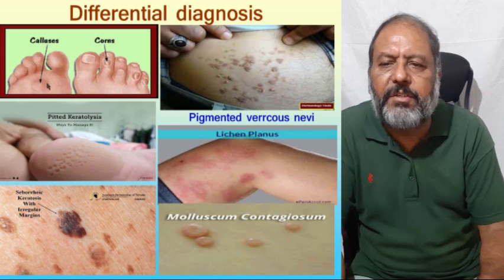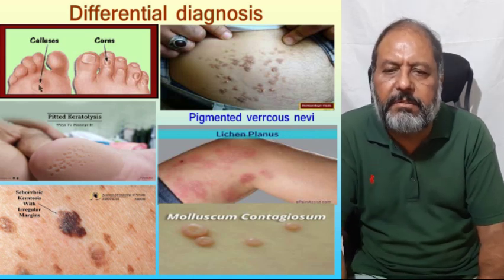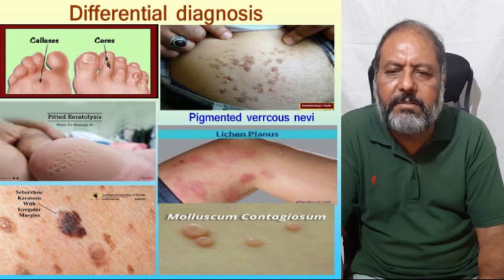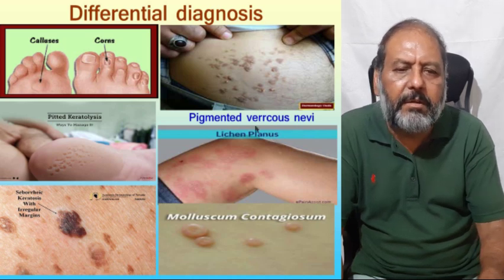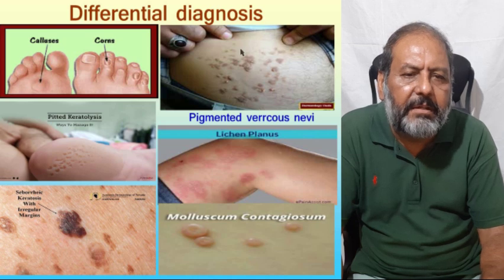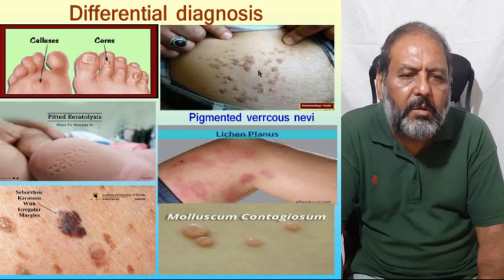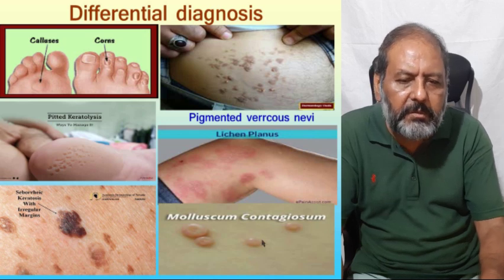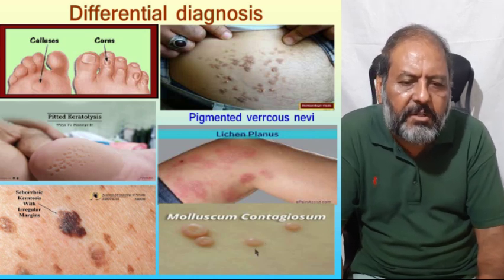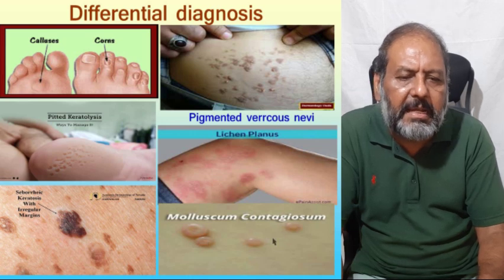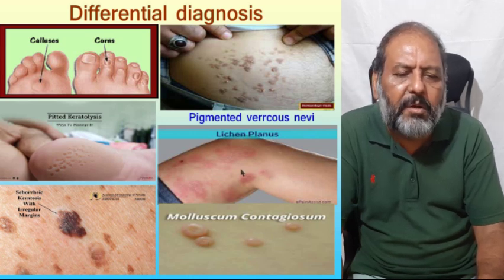So here one can see the callus, which is on the foot, on the plantar surface, with a core on that. Then pigmented verrucous nevi, as the shape can be appreciated and differentiated from the warts. Then molluscum contagiosum also has a typical appearance that is different from the warts.